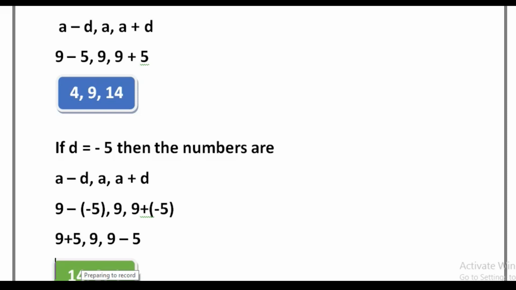If d is equal to minus 5, then the numbers are a minus d, a, a plus d.